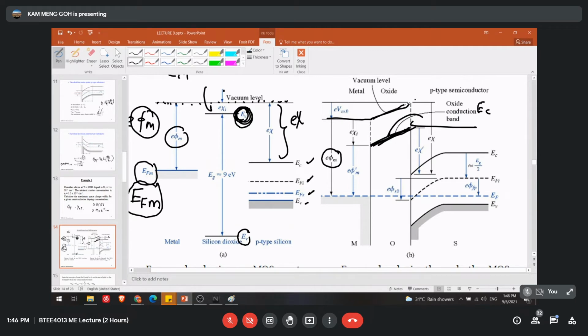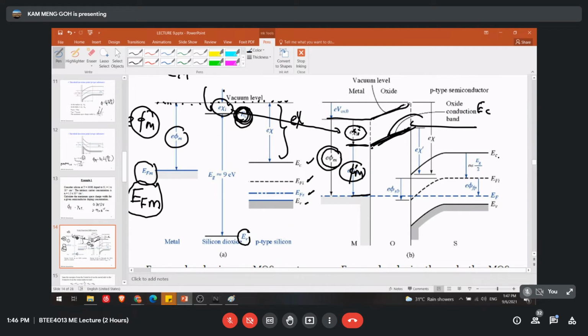So originally, before increasing, it will be something like this, delta M. But after the increase, this will be ESI, which is somewhere around here. So it will increase like this.